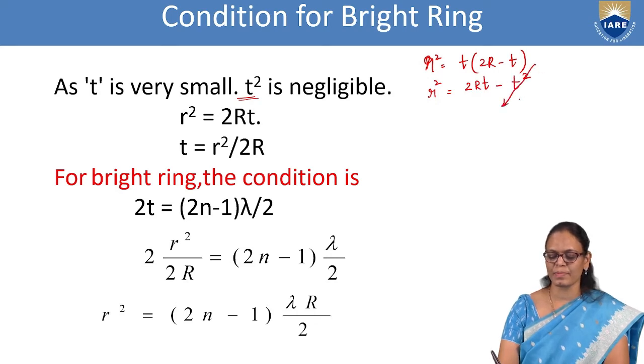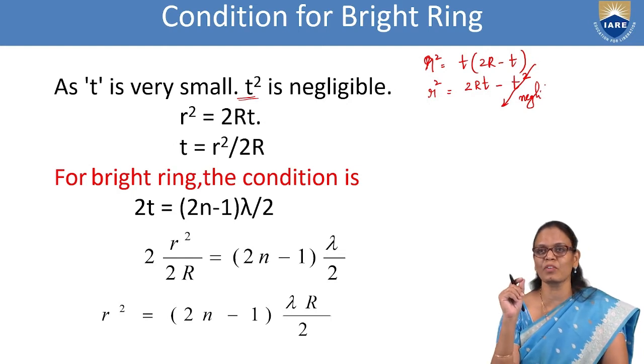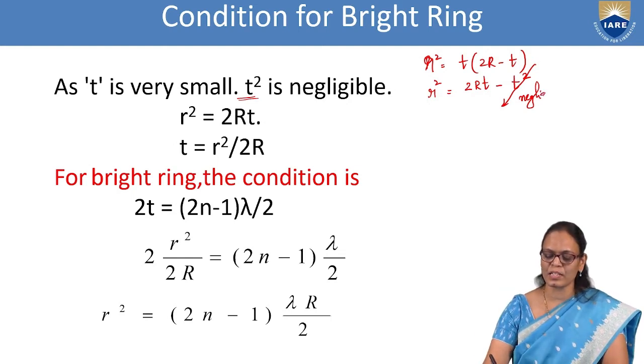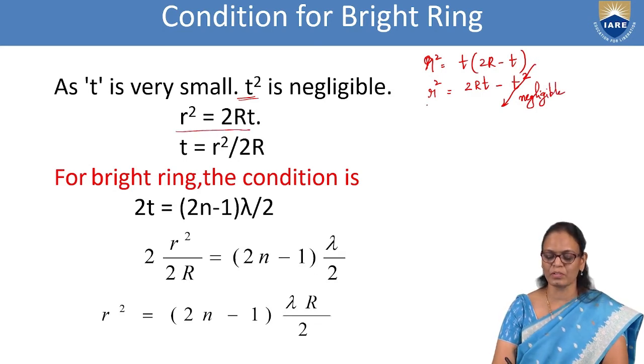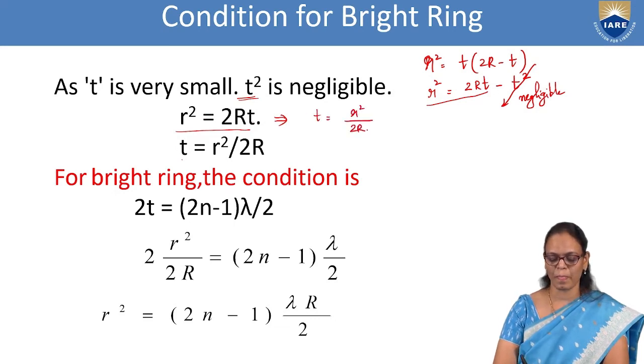This is negligible because the thickness of the film is very small, as we have seen. We are neglecting the term T square. So we are left with r square equal to 2RT. This implies, taking 2R onto the other side, T will be equal to r square upon 2R.